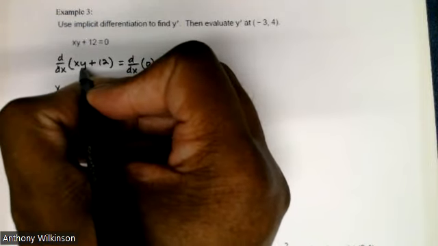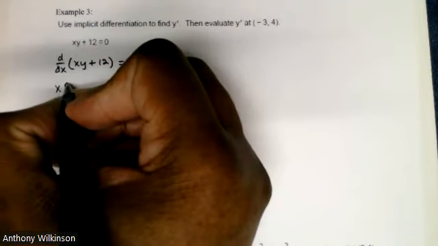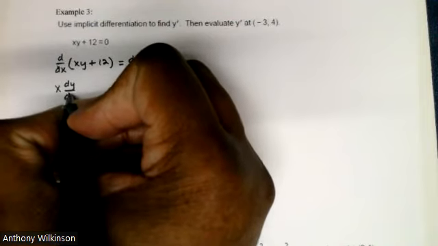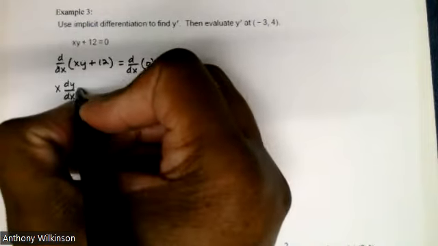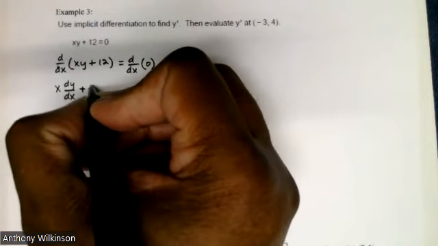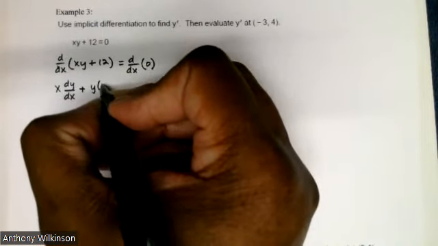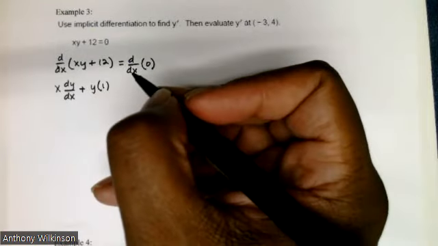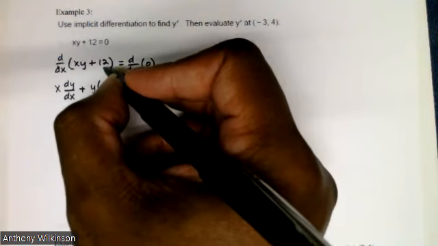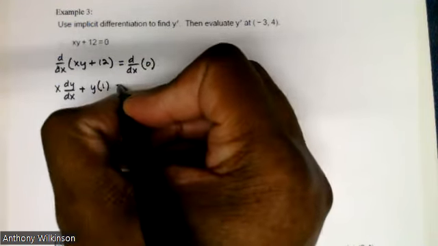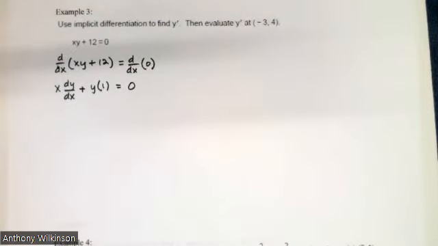The derivative of y will be 1, but I must include dy/dx since I'm taking the derivative of y, and then plus the second, which is your y, times the derivative of x, which is 1. And the derivative of a constant, here the derivative of 12, will be 0, because the derivative of a constant is 0, and this will be equal to 0.